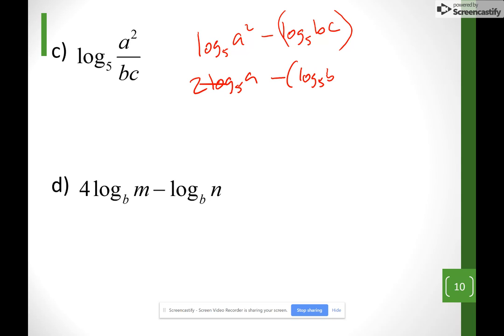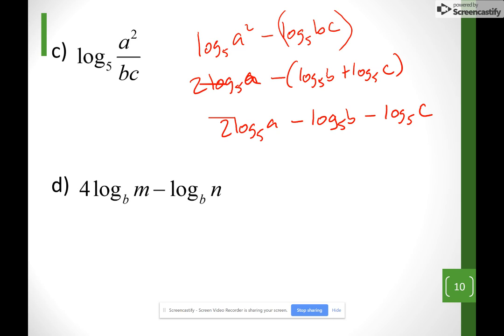So log base 5 of b plus log base 5 of c. Distribute the negative on the front. So I'm going to have 2 log base 5 of a minus log base 5 of b minus log base 5 of c.